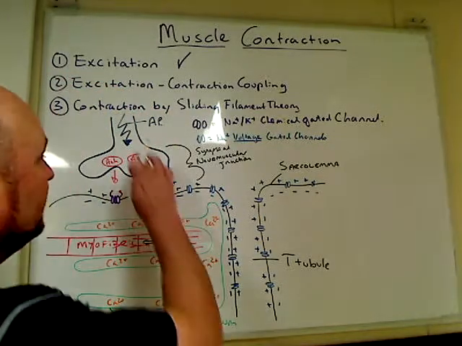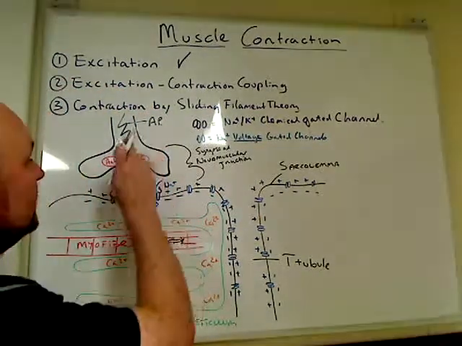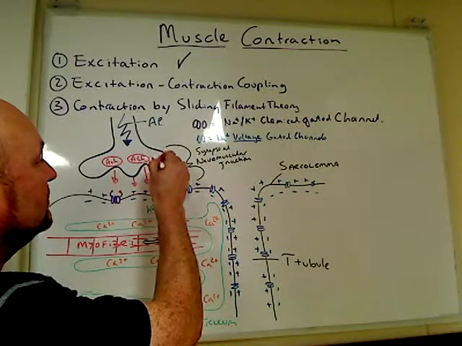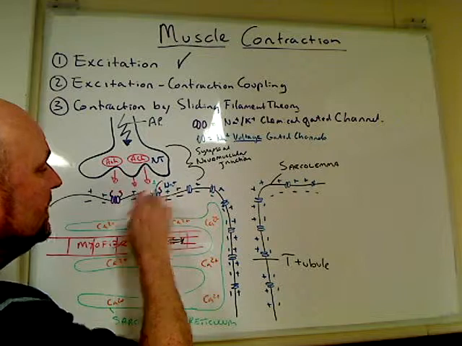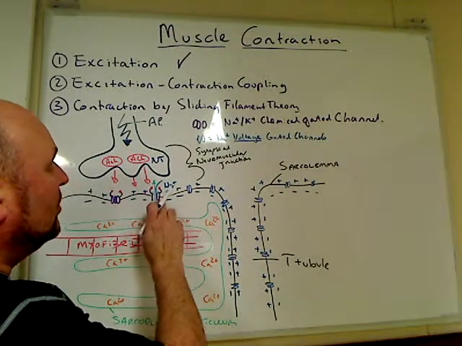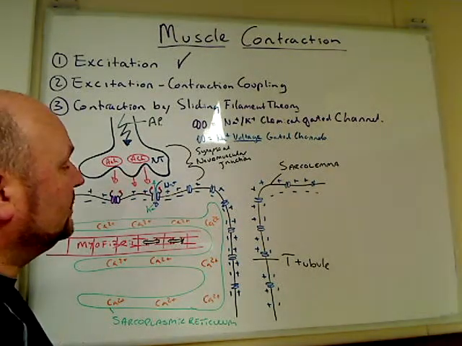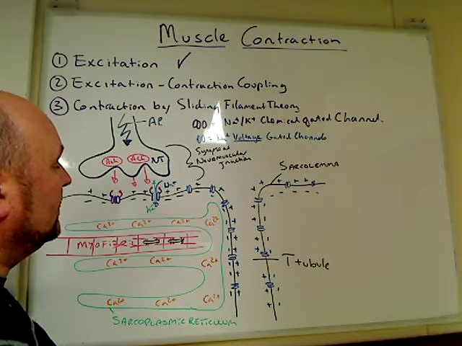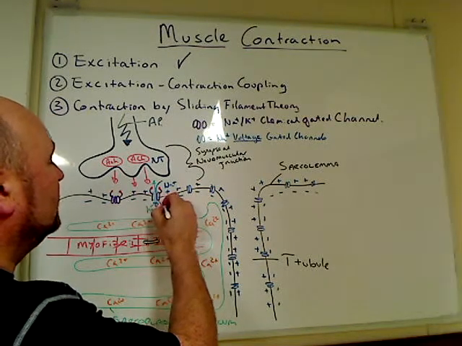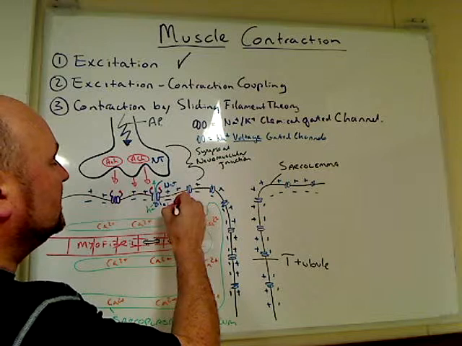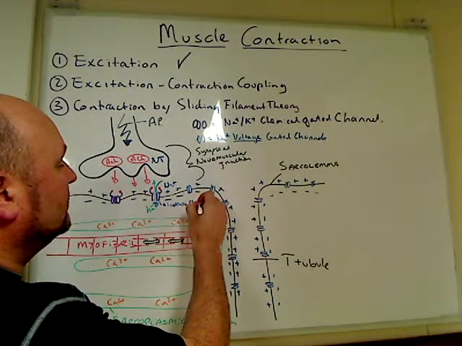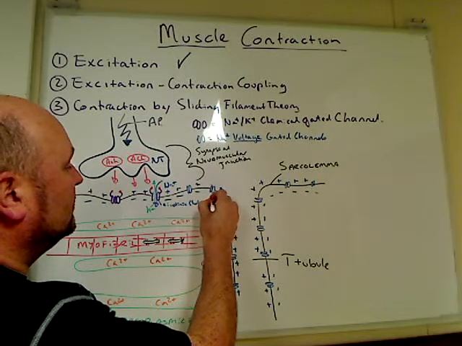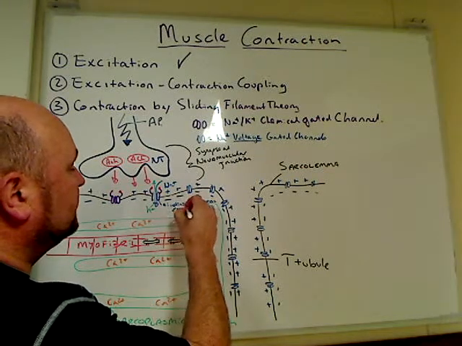So we've had our action potential from the neuron, our neurotransmitter, acetylcholine, has been released, it has diffused across, it has found binding sites on these chemically gated protein channels. And these channels are called nicotinic cholinergic receptors.